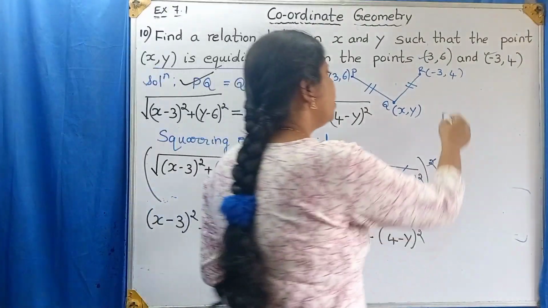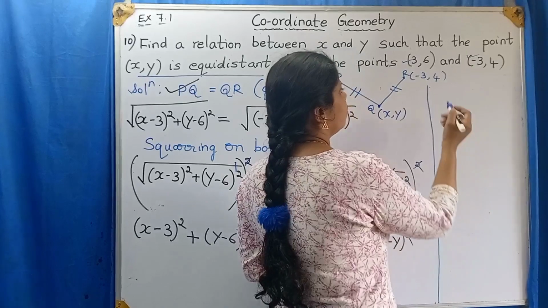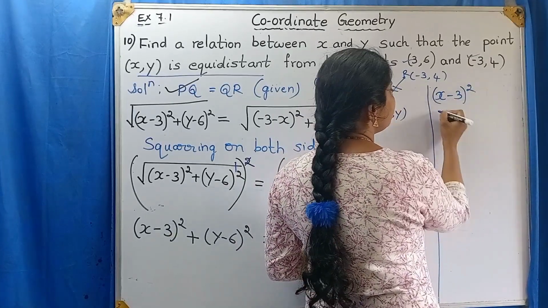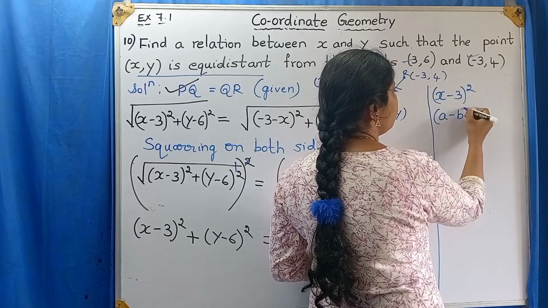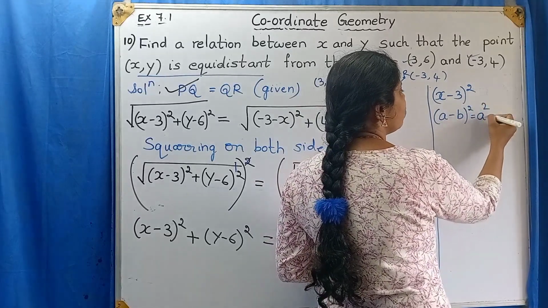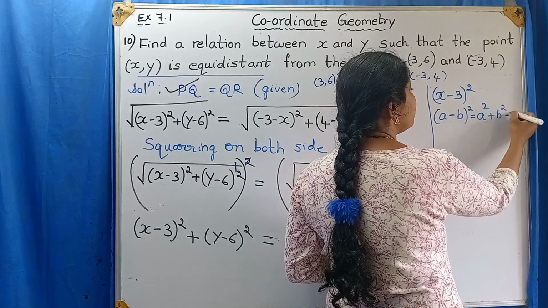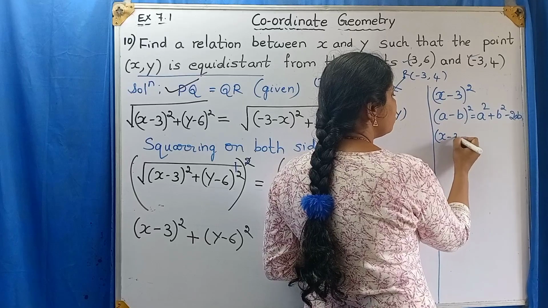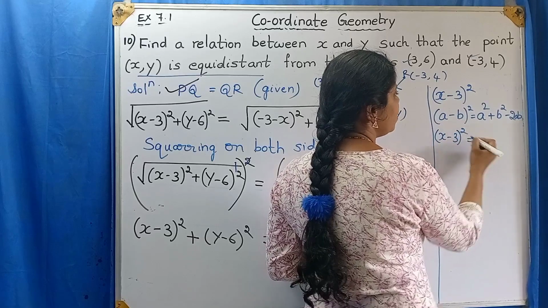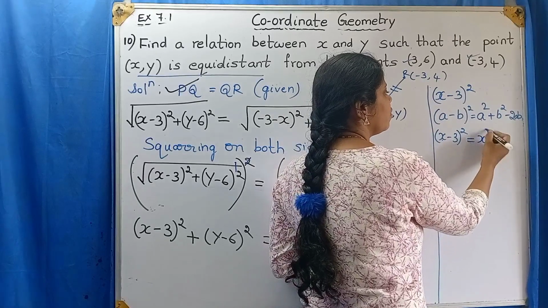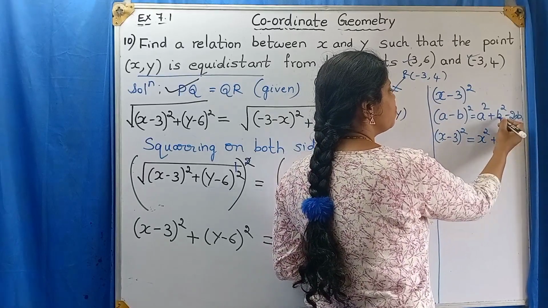What is the formula? a square plus b square minus 2ab. Therefore, (x minus 3) the whole square can be written as, a square is what? x square, plus b square means what?